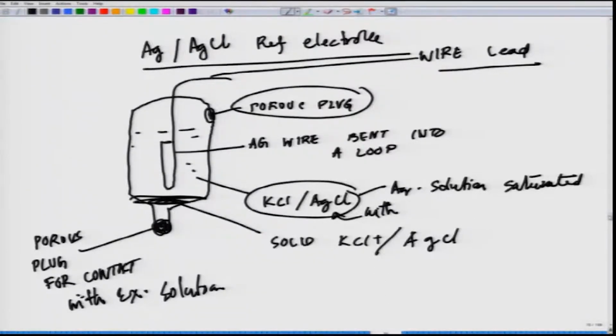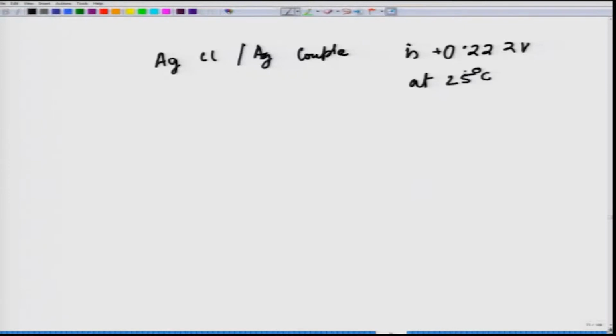So, now after showing you this picture, I wanted to go to the standard reduction potential of the AgCl/Ag couple. If you look at it, it is around plus 0.222 volt at 25 degree centigrade. Okay. This would be the potential of the silver chloride electrode provided activity of chloride is unity.